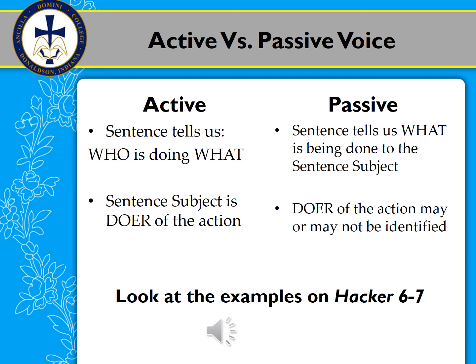So again, in our example, normally committee would be before the action in sort of a classic active form. Committee reached, but committee is after reached, so that tells us that what would normally be doing the action is after the verb, therefore it's probably passive voice.